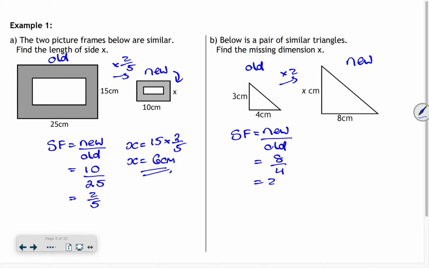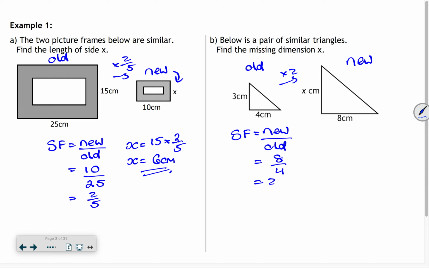If you multiply by a number bigger than 1, that always has the effect of making the number bigger. But if you multiply by a number between 0 and 1, not counting 0 and 1, that always has the effect of making it smaller. So that's why when I said 15 times 2/5, that's really 15 multiplied by 0.4, which gave me the 6. So we always talk about multiplying by scale factors, never dividing.